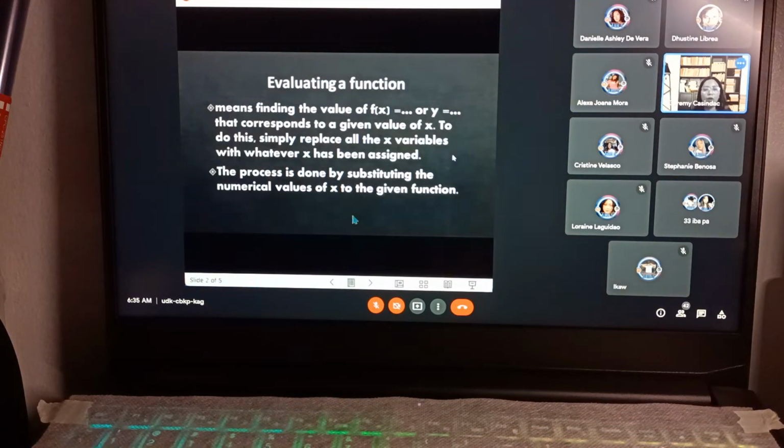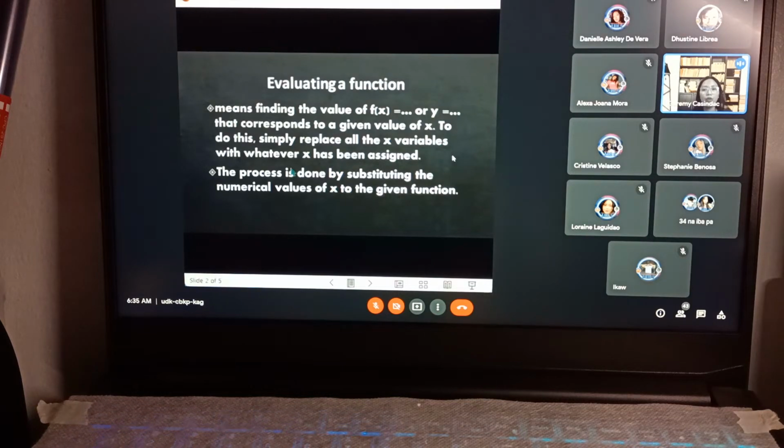Ayan, thank you, Mara. Sabi, when it comes to evaluating a function, it means it is finding the value of f of x or y that corresponds to a given value of x. To do this, you need to simply replace all the x variables with whatever x has been assigned. So it means to say, in every example, there is a designated value of x.